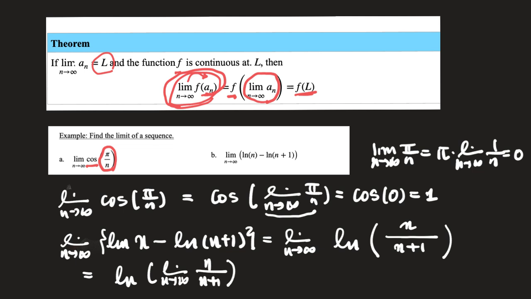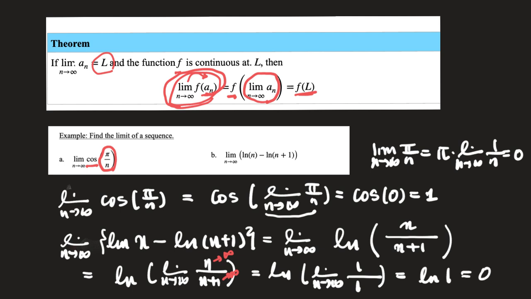How can we find this limit? This time we're going to use L'Hopital's rule, infinity over infinity, right? So 1 over 1, this limit is 1, and ln 1 is going to be 0. This example says two things. At first, when you see logs, you put them together, condense the log, and then you use this theorem to find this limit.